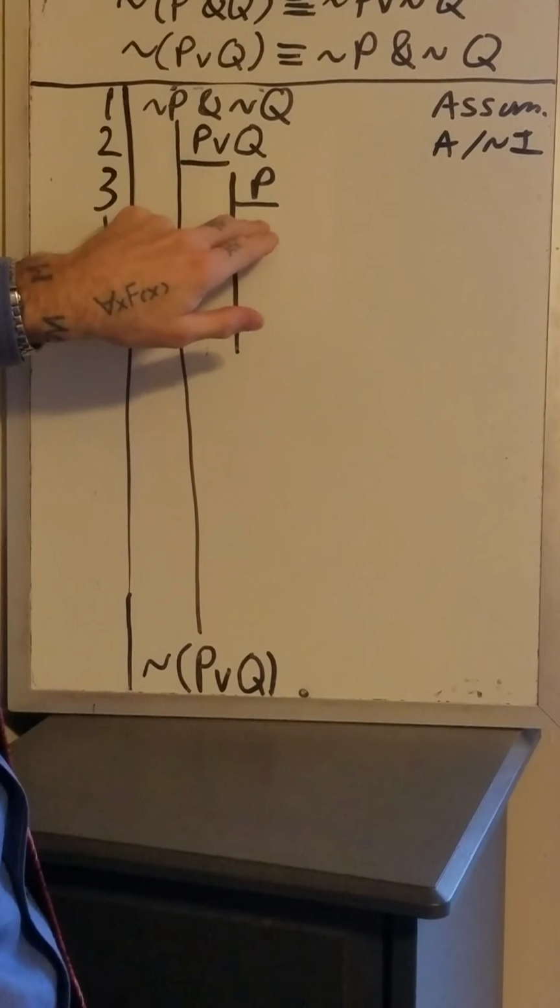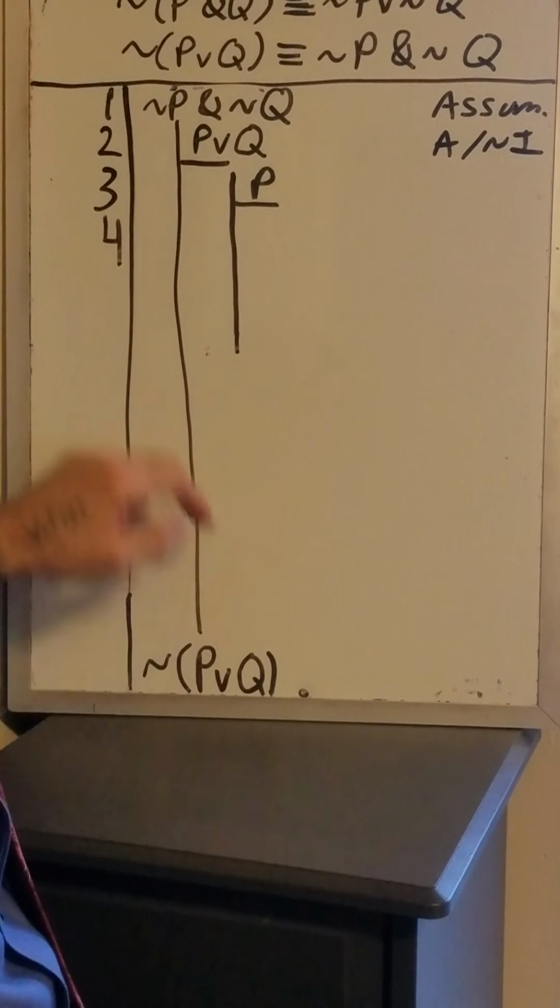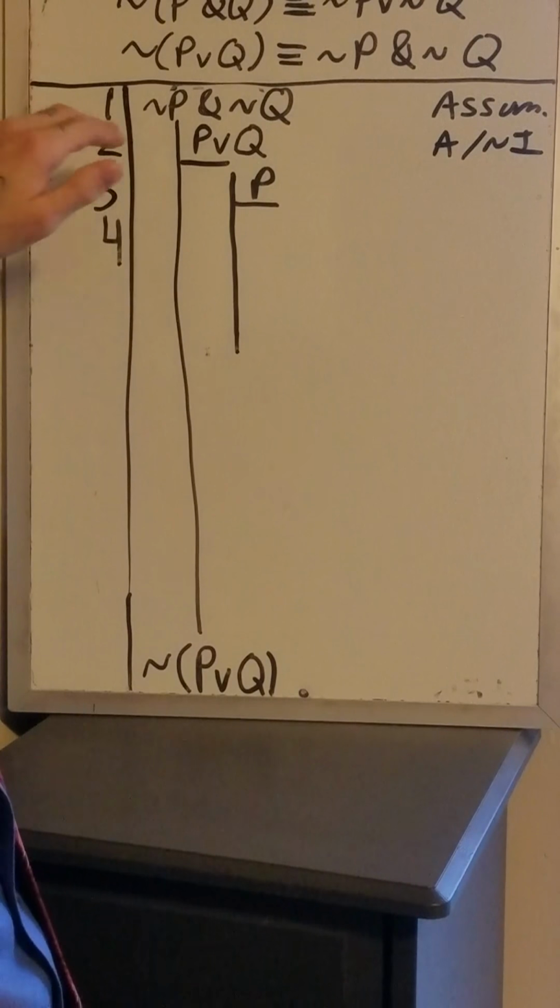So if we reiterate this down, we'll have a contradiction. We could get not P, but not P is not going to help us at all.